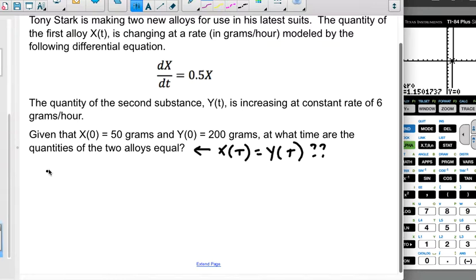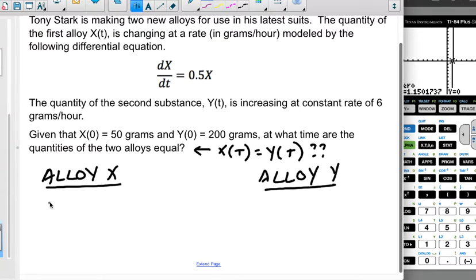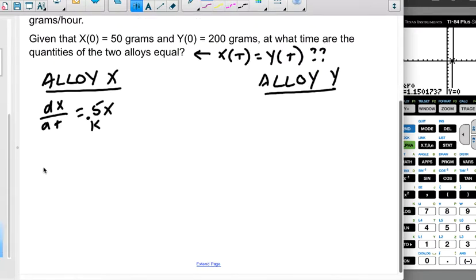So let's start with alloy x, and over here, we're going to talk about alloy y. Alloy x has dx/dt equals 0.5x. That's definitely exponential, because that's my kx. So this becomes x of t equals x naught e to the kt, which in this case k is 0.5.